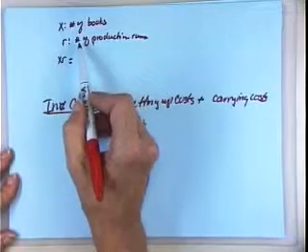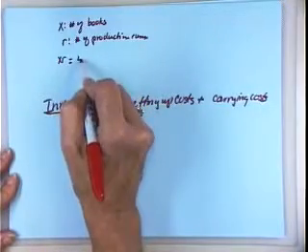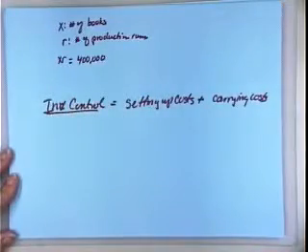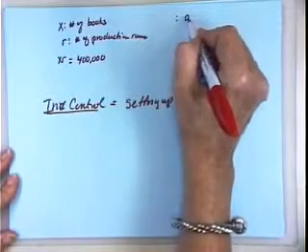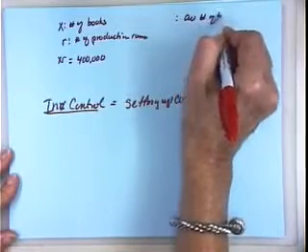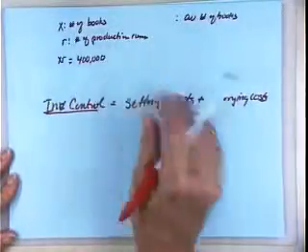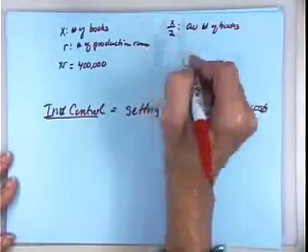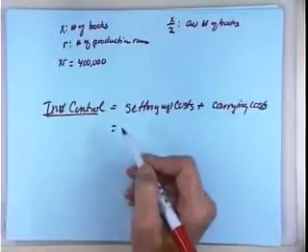Number of books times the number of runs, and that has to add up to how much in a year? 400,000. So X times R equals 400,000. Now, what is the average number of books in storage? If we order X books at a time, what's the average number? X over 2.